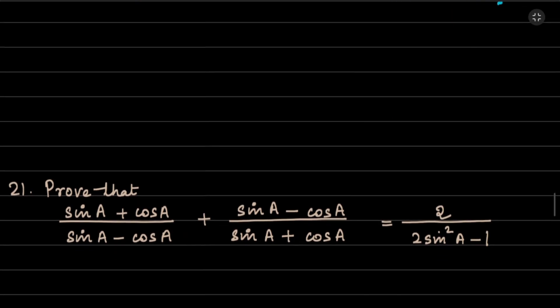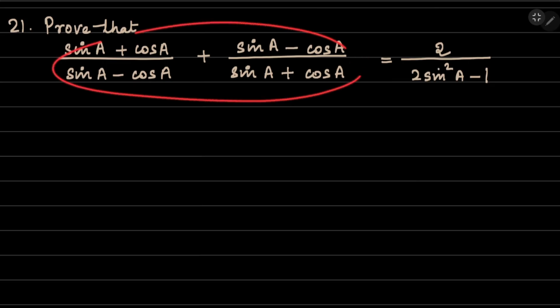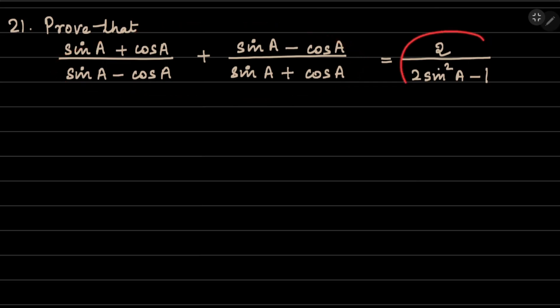21. Next question. Prove that here everything is in terms of sine and cos. RHS you have in terms of sine. Best thing is to just solve it as it is, you don't have to convert anything. So let's take the LHS, take the LCM.